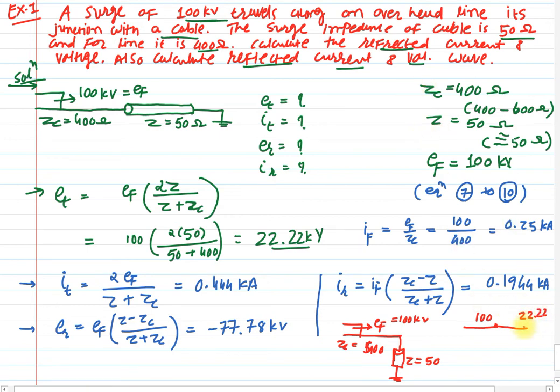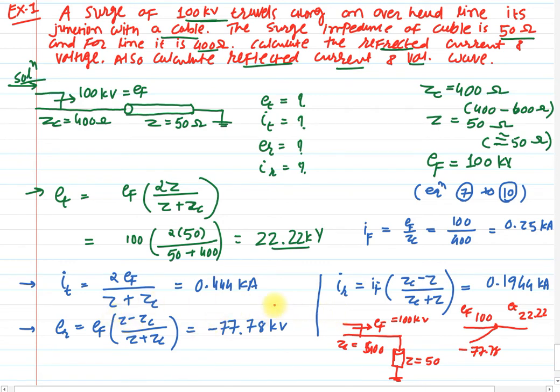If it is refracted, so ET, here it is the EF, ET, and reflected from this junction with the magnitude of minus 77.78 kV.